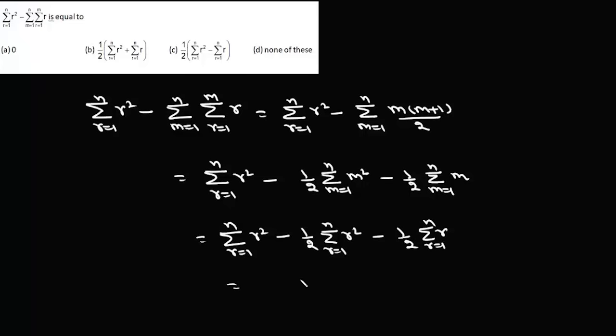Now this is 1 by 2 r square, so we can write this as 1 by 2 and then it'll be simply summation r square, r varies from 1 to n, minus summation r varies from 1 to n, and that's your option C.